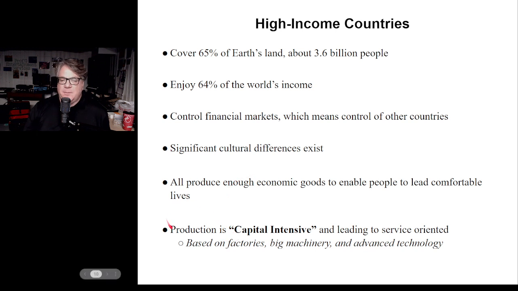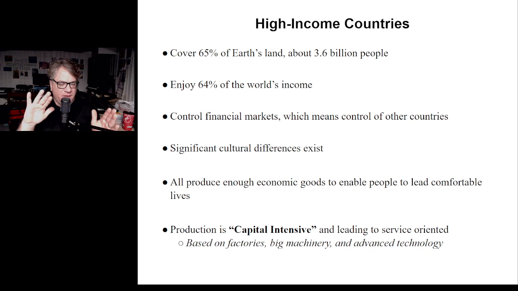So we've talked about production, distribution, and consumption. That's what we mean by the economy. Production in high income countries, as you can see here, capital intensive and leading to service oriented. So capital intensive is based on lots of resources, some of those financial resources, but capital intensive here also means big machinery and advanced technology.